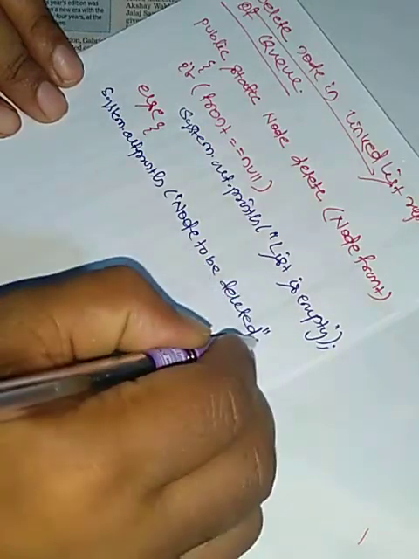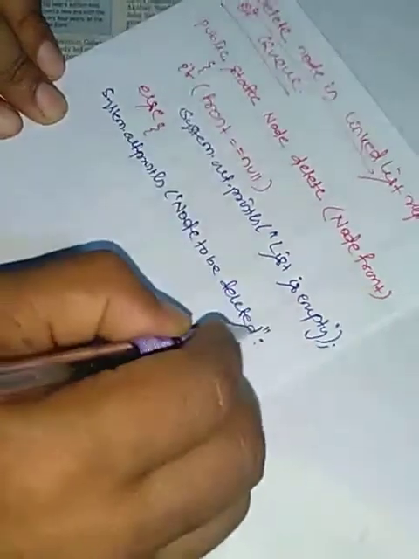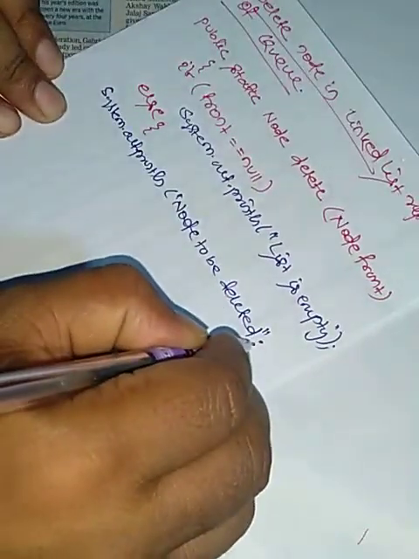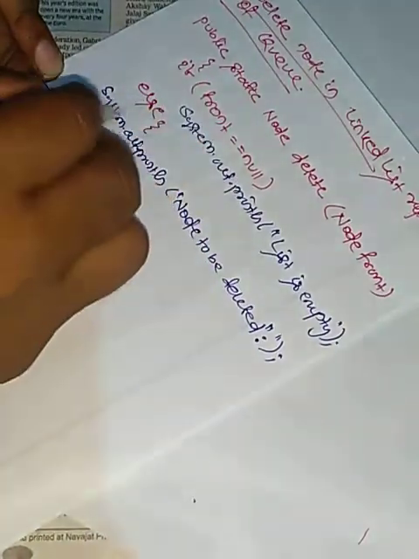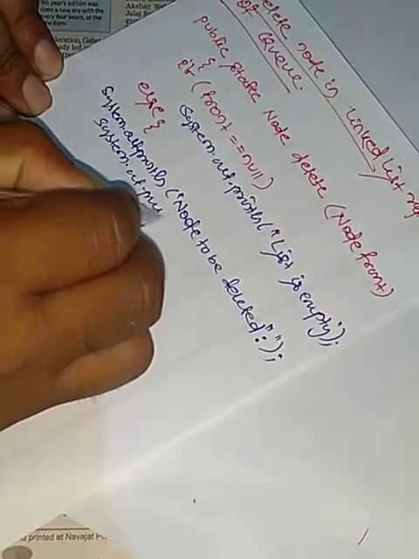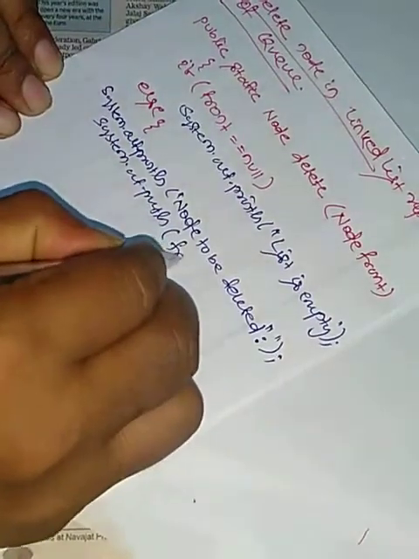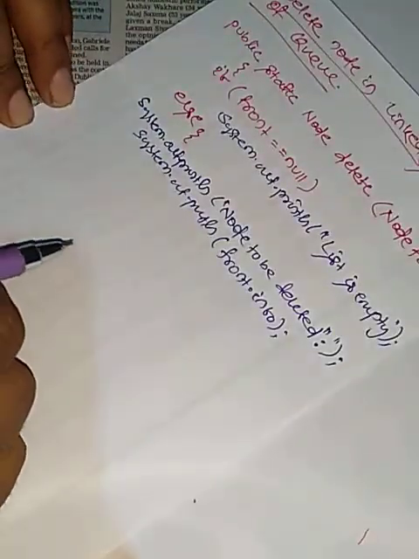The node to be deleted is the item which is at the front. System.out.println(front.info). So this is the element which is to be deleted.